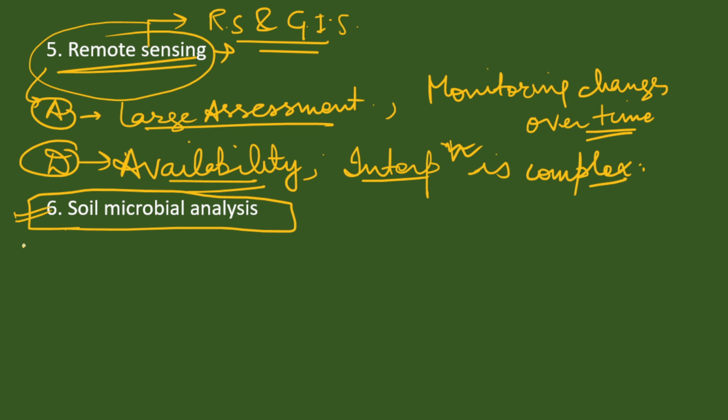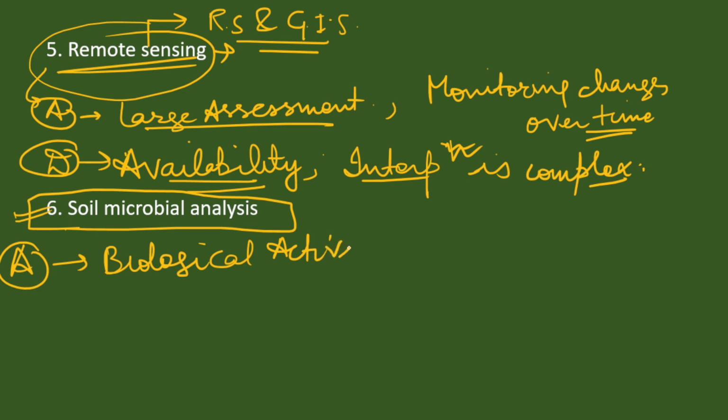What are its advantages? First of all, it provides us information about the biological activity of soil. It is very important because these microbes are the ones who convert the nutrients into available forms many times.